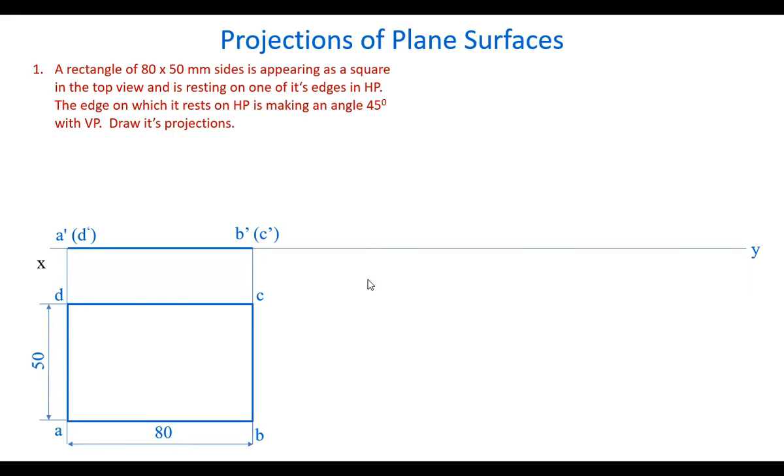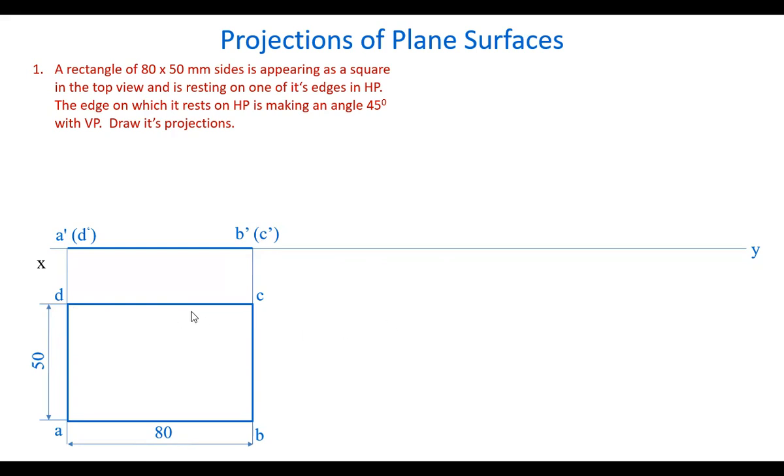But here we don't know at which angle this rectangle appears like a square. So we do it indirectly. We draw the square here such that all the edges, even though this is 80 mm, all these four edges appear like 50 mm only. Then only you will get the square.